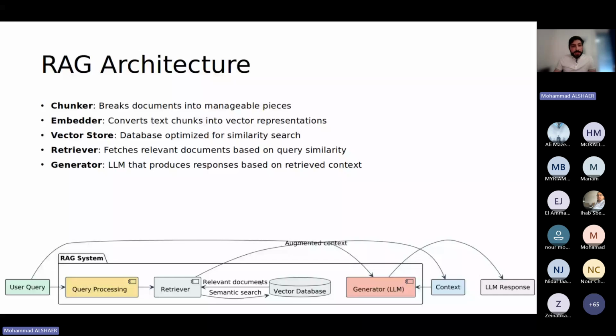After that, we have the user query, which undergoes query processing, and then we use a retriever, which compares the user query to the embeddings inside the vector database in order to get all the relevant documents, adding them to the context of the prompt along with the user query, and then we use the generator to produce the LLM response, a more customized response.